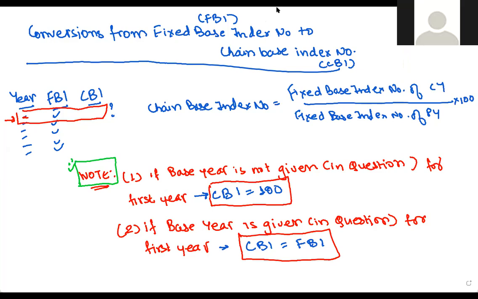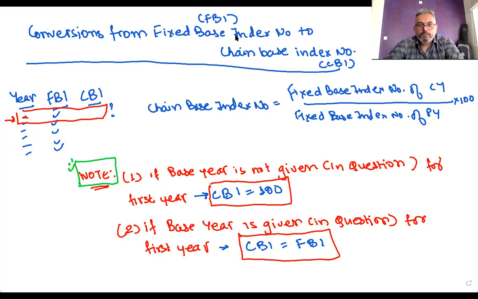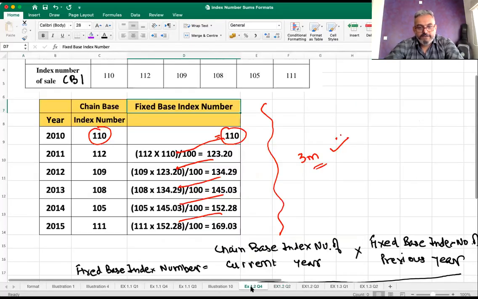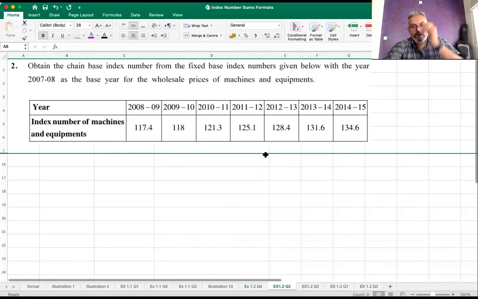Okay, so write down this formula. Now we will be doing an exercise sum. Exercise 1.2, question number 2.